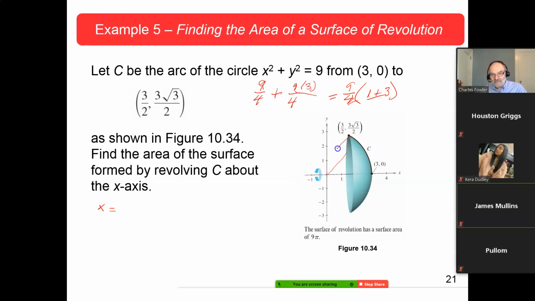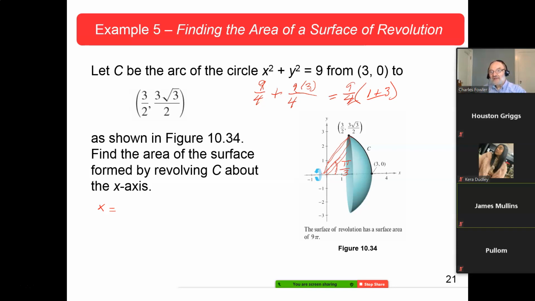Oops, I can't draw very well. Okay, that angle here is pi thirds, wouldn't you say? Because the cosine of pi thirds is 1/2, and the sine of pi thirds is root 3 over 2, and you have a radius of 3, so just multiply that by it.